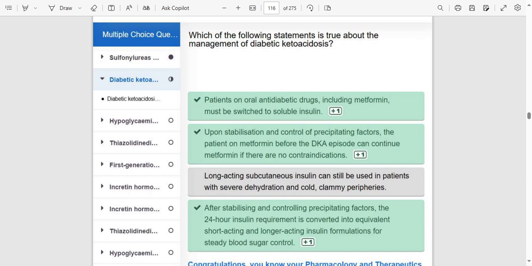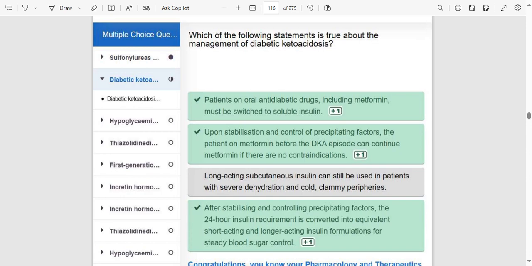Long-acting subcutaneous insulin can still be used in patients with severe dehydration and cold clammy peripheries after stabilization and controlling precipitating factors. The 24-hour insulin requirement is converted into equivalent short-acting and long-acting insulin formulations for steady blood sugar control.